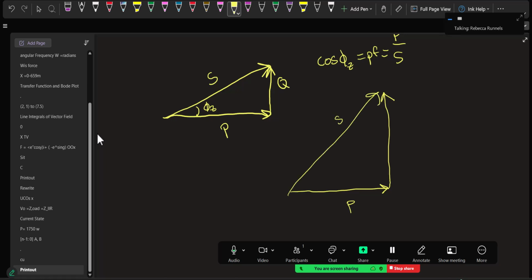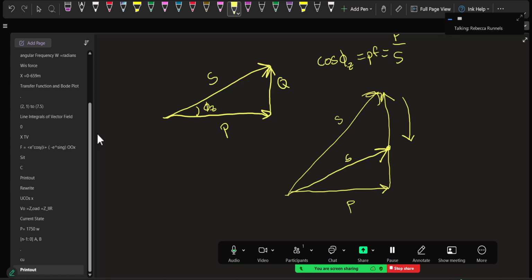Then this is your apparent power. That's pretty big, and that's what you have to supply. But if you add a capacitor, you can bring this down, and then your apparent power will be smaller.